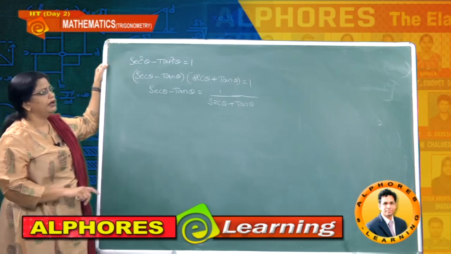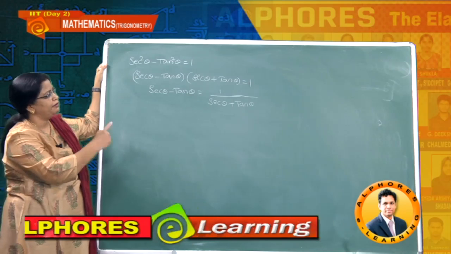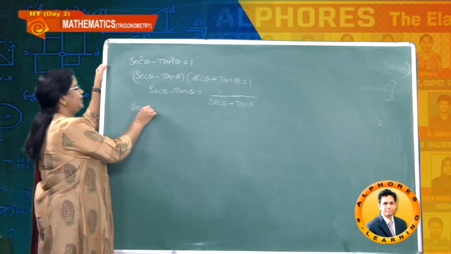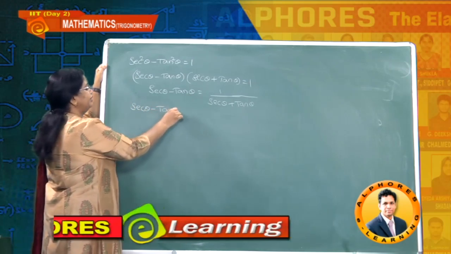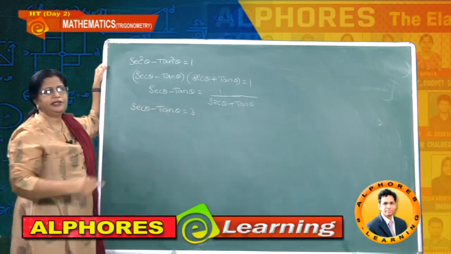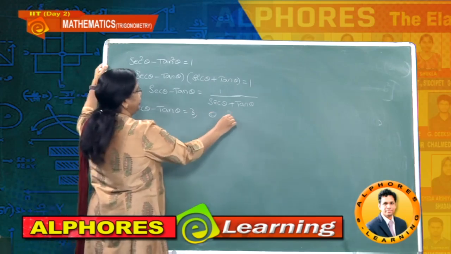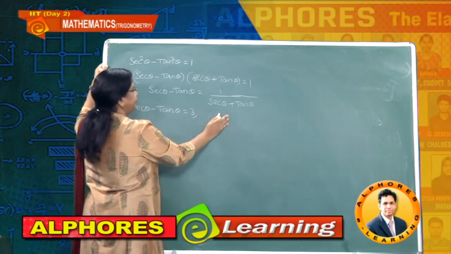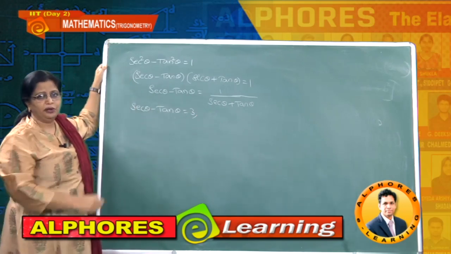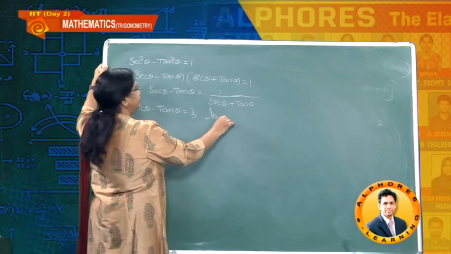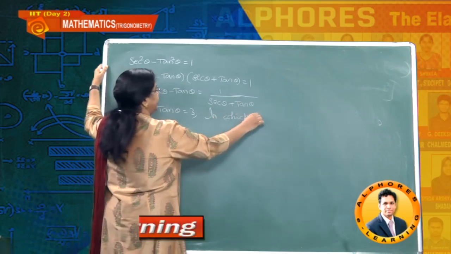For example, how they used to ask this type of examples. Suppose they give secant theta minus tan theta equal to 3. Then the question they will ask is in which quadrant theta lies. They are not asking for the value of theta, but in which quadrant theta lies.